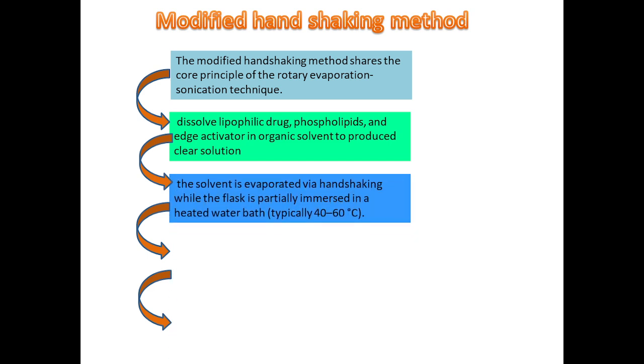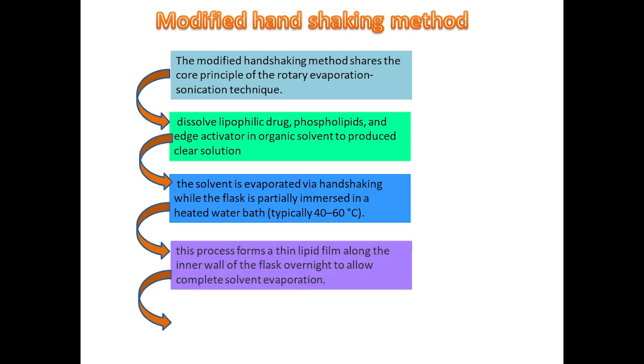Then the solvent is evaporated via handshaking, while the flask is partially immersed in a heated water bath and the temperature maintained is 40 to 60 degrees Celsius. So the flask is placed in a heated water bath at 40 to 60 degrees Celsius, and hand shaking is done continuously so that the solvent evaporates.